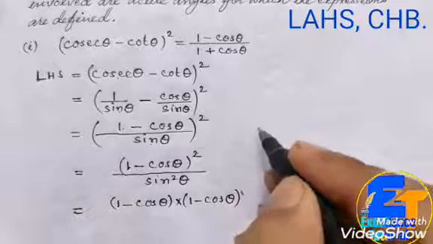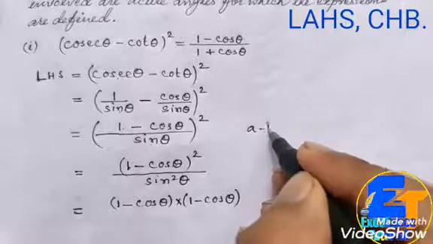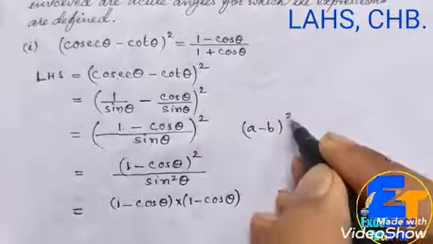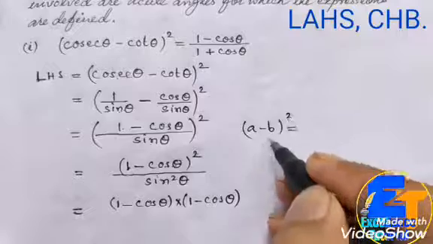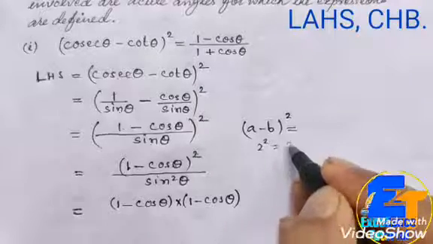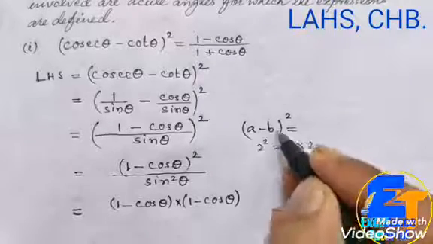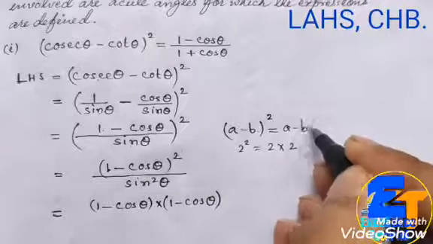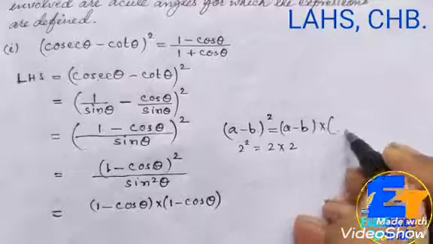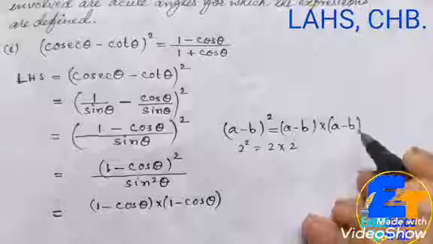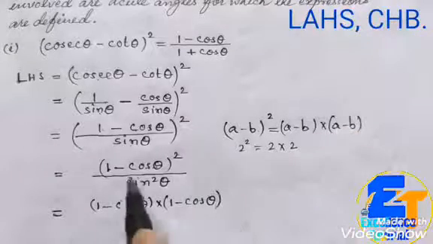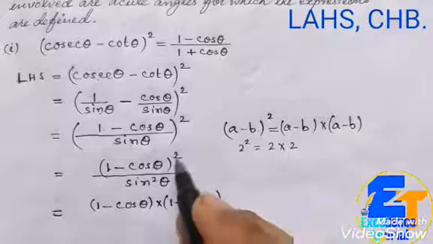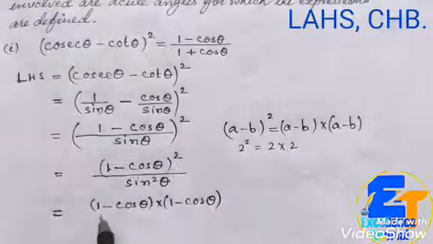That is in this way. See, if it is a minus b whole square, so as a square can be written a into a, a minus b whole square can be written a minus b again into a minus b.